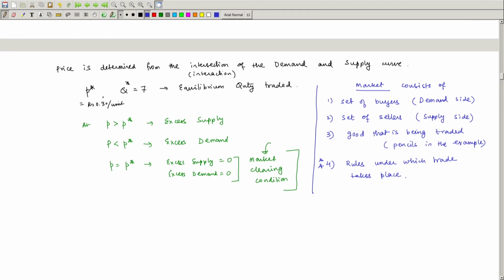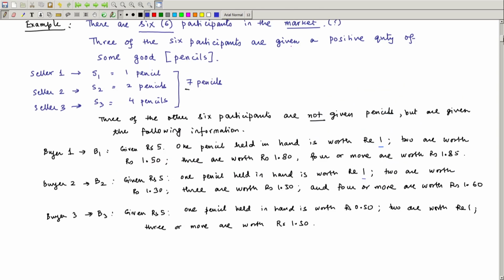Now, in our example, what were the rules? Well, we knew this was the buyer side of the market, the buyers or the demand side of the market. I had information about the seller, so that was the supply side. They were trading the good, which was pencils. But what were the rules? The rules were what was given on this piece of paper, right.